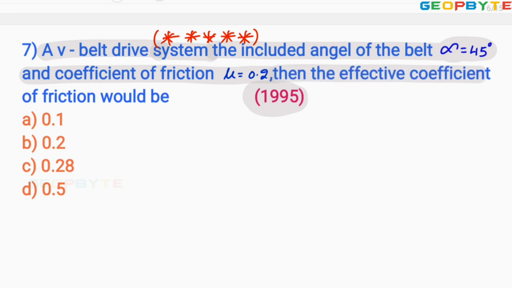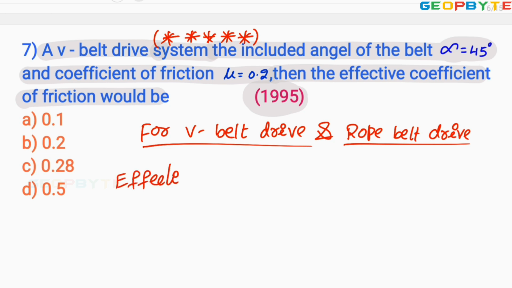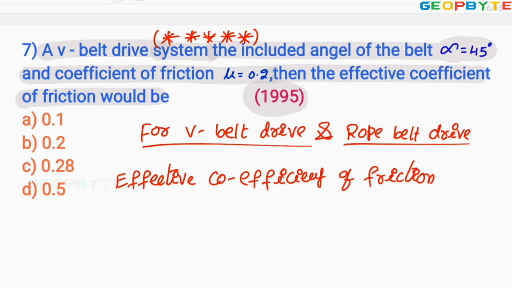Then effective coefficient of friction would be, dear friends, for V belt drive, effective coefficient of friction and rope belt drive, effective coefficient of friction mu dash equal to mu by sin alpha.